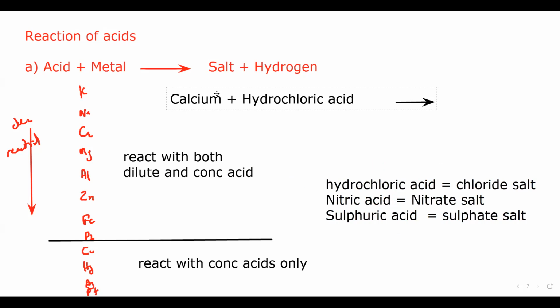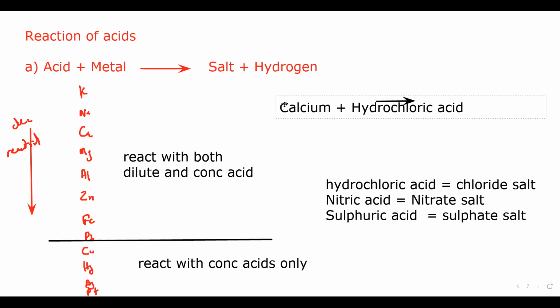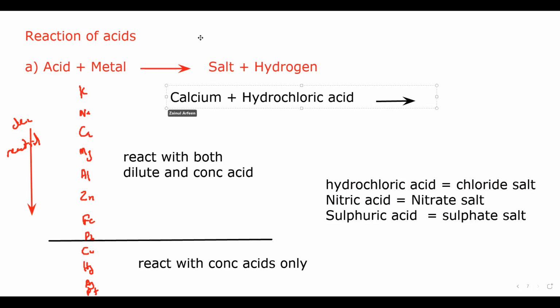So we have calcium plus hydrochloric acid, or metal plus acid, or acid plus metal. I can change the order, it won't make a difference. So the first one is a metal, and the second one is acid. Whenever metal is mixed with acid, this will be a salt plus hydrogen.